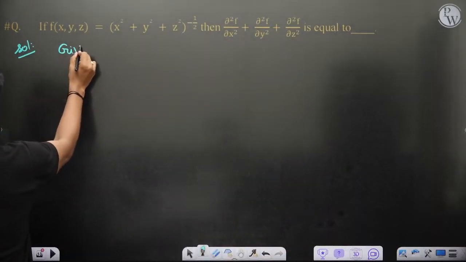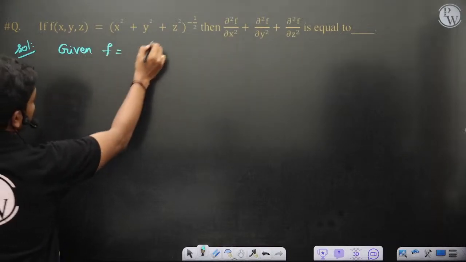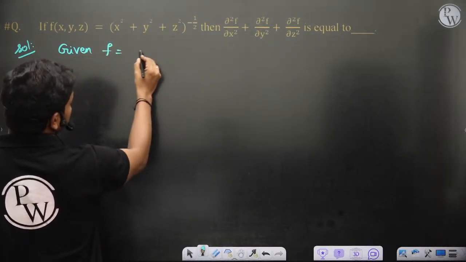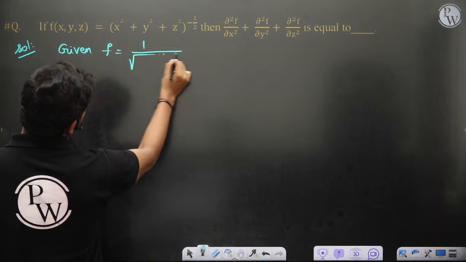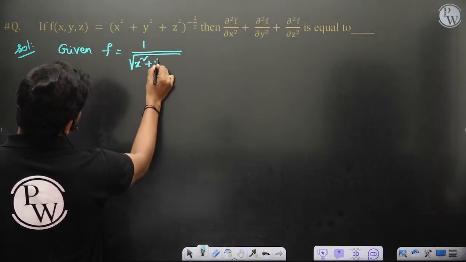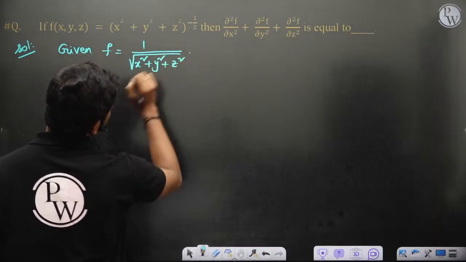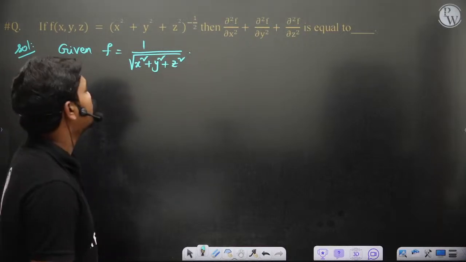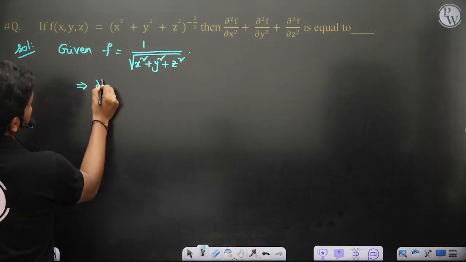Given f is equal to x square plus y square plus z square whole power minus 1 by 2. So I can write it as 1 by root of x square plus y square plus z square. Then what is dou f by dou x, or fx?